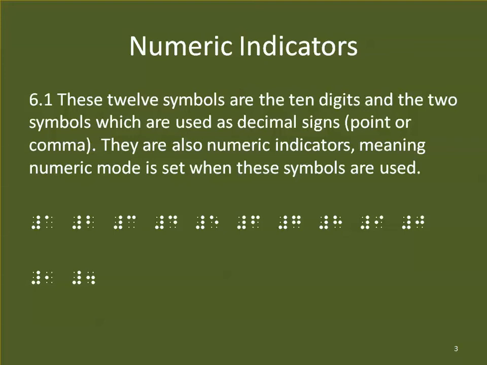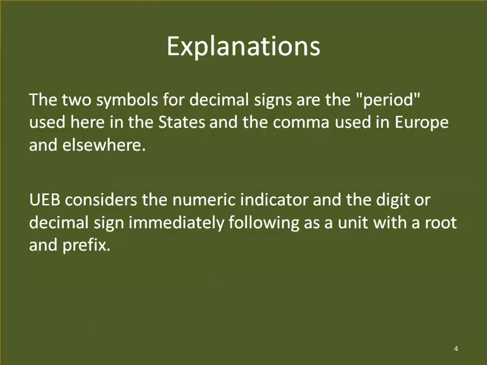And the root then is dot 1 or dots 1, 2 or dots 1, 4, etc. So that's why UEB says that these 12 symbols set numeric mode, that they are numeric indicators, because they have that prefix in front of them. So it's considered a unit, not two separate cells. And I believe I've talked about this screen already, yes.